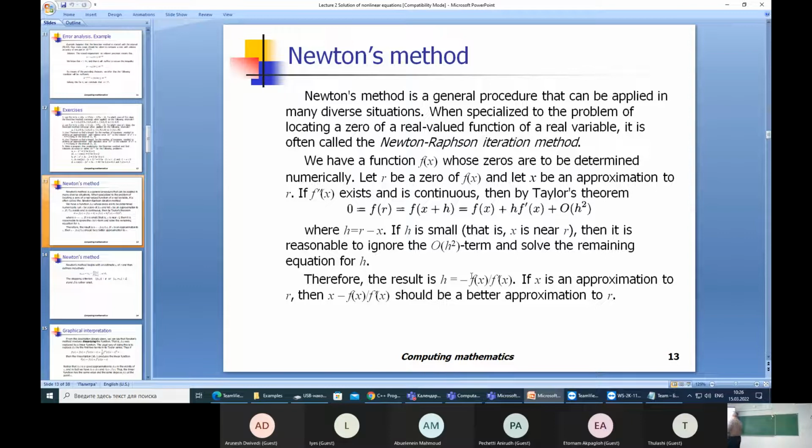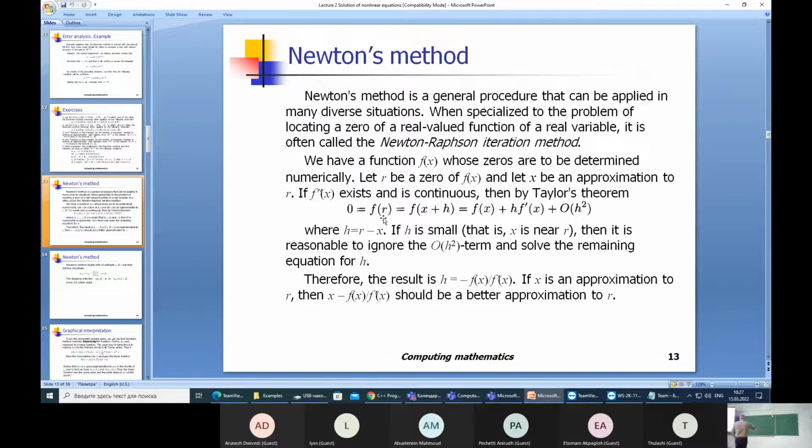After that, I can say that as far as R is a root, f of R equals 0. So the left equality here, 0 equals f of R, because R is a root.